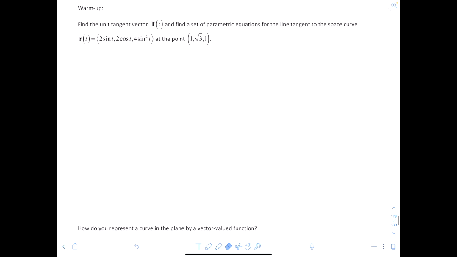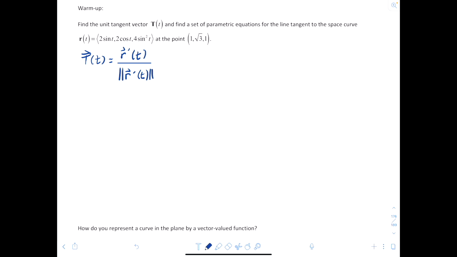So first of all, let's go ahead and find that unit tangent vector T at t. Just to remind you, T at t is going to equal r prime at t over what? Beautiful, the magnitude of r prime at t.